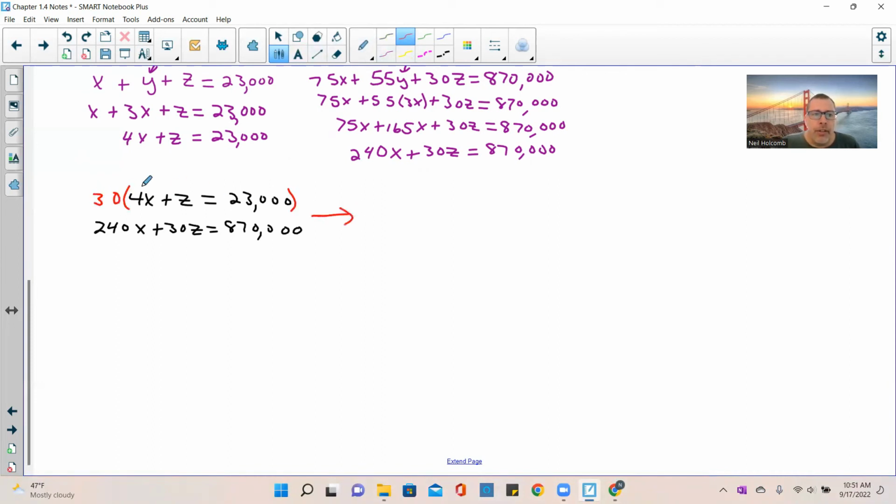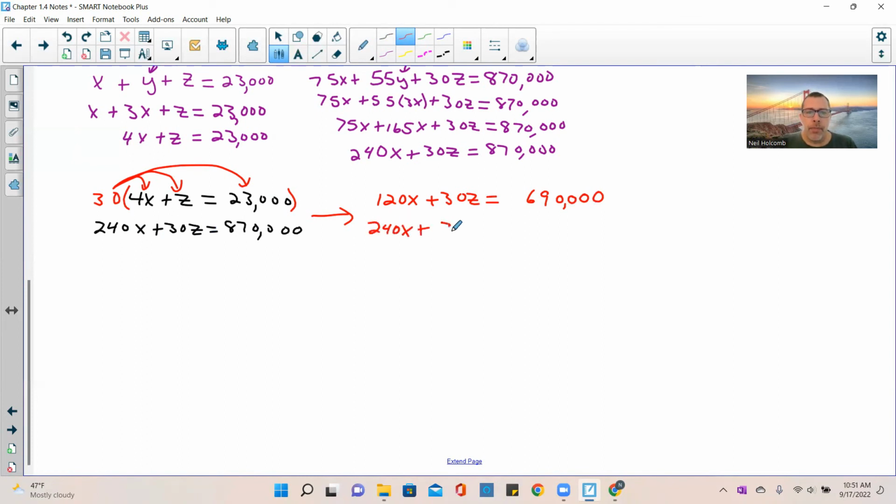And that is going to yield 30 times 4x is 120x. 30 times 1z is 30z. 30 times 23,000 is, there's a 0 from the 30. 3 times 0 is 0, 3 times 0 is 0, 3 times 0 is 0, 3 times 3 is 9, and 3 times 2 is 6. So I get 690,000. This is not going to change.